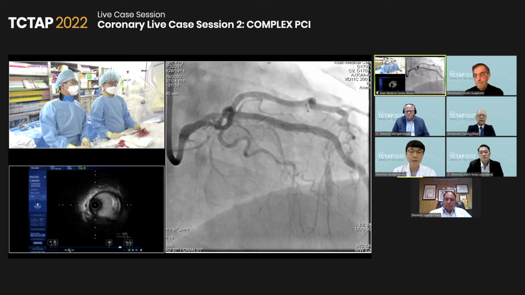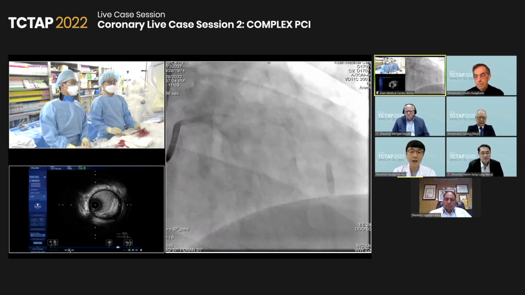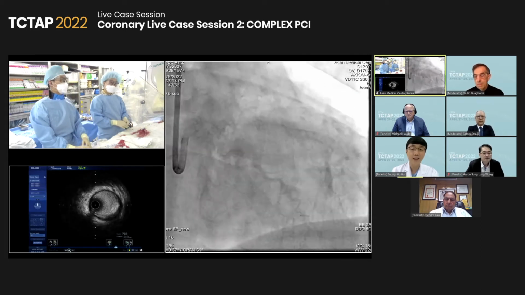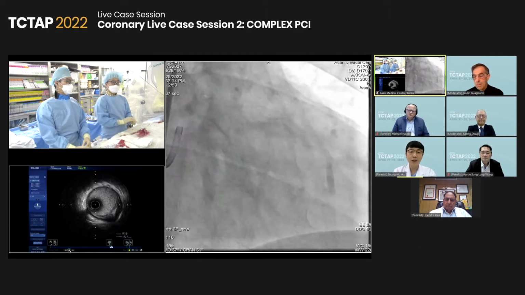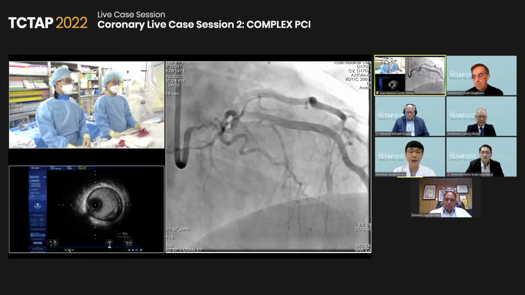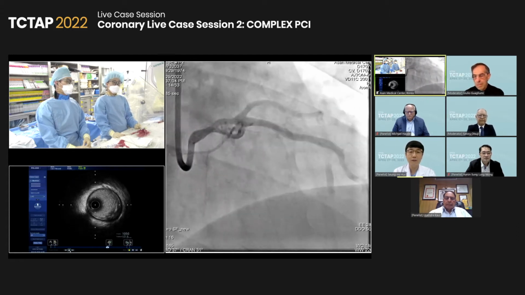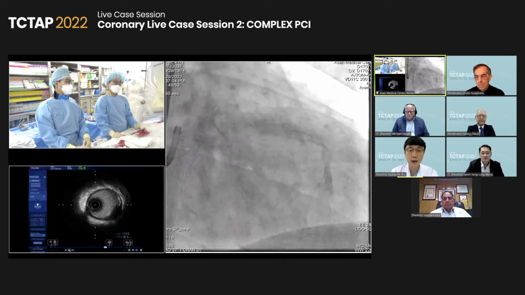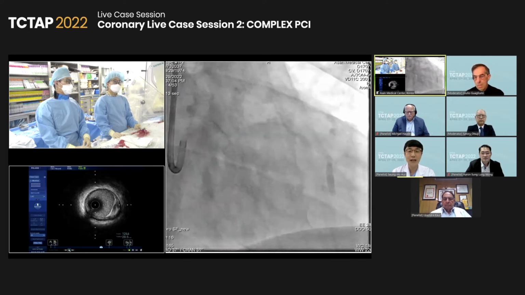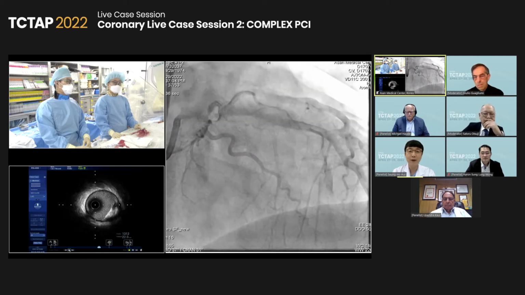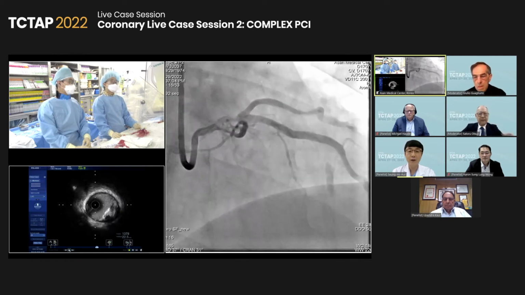Probably in that case, in my opinion, we have to think about one stent, or if there is some amount of plaque in the circumflex, a two-stent strategy because of the left main bifurcation.